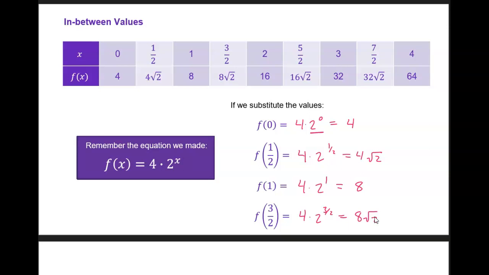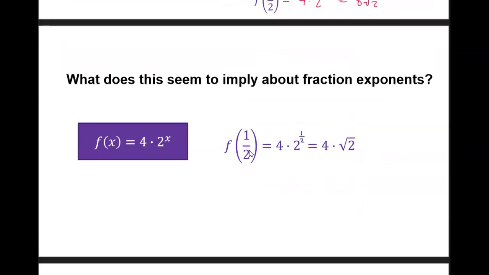So what can we conclude from this? Let's zoom in on this one in particular. What does this seem to imply about fraction exponents? Look, we have 4 times 2 to the 1/2 equals 4 times root 2. If we divide both sides by 4, those 4's are all going to go away. And we get 2 to the 1/2 equals root 2.